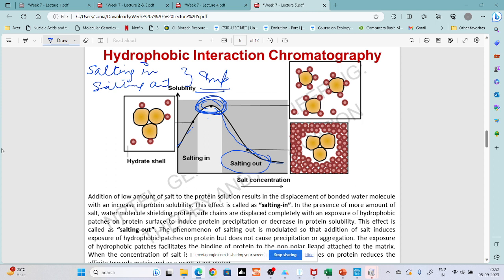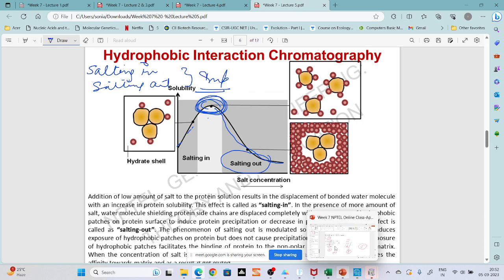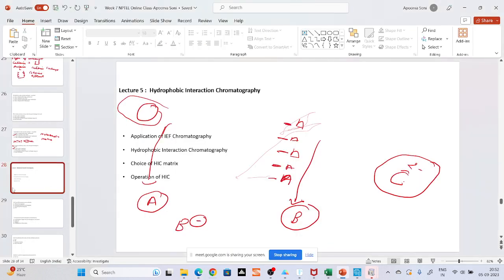Because the hydrophilic patches start getting displaced, your hydrophobic patches are exposed, and because your hydrophobic patches are exposed, your protein becomes very much insoluble because it is present in water, and then it gets precipitated. Is it clear to everybody? Salting in and salting out, is it clear? Yes, ma'am. Okay.